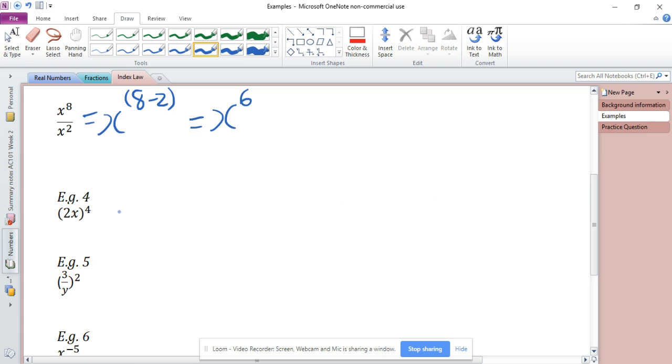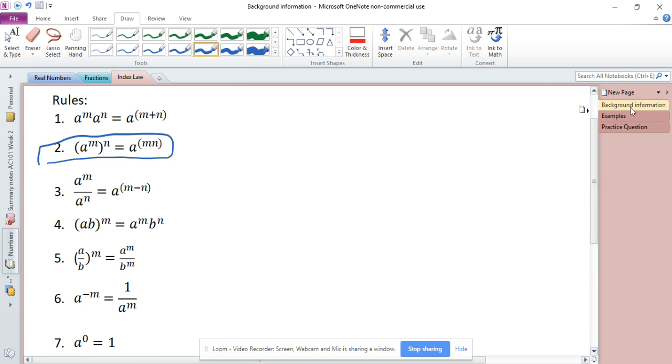Right, next one. 2x in brackets, power 4. It looks like 2, but that's another component. So we would go for property 4 here.